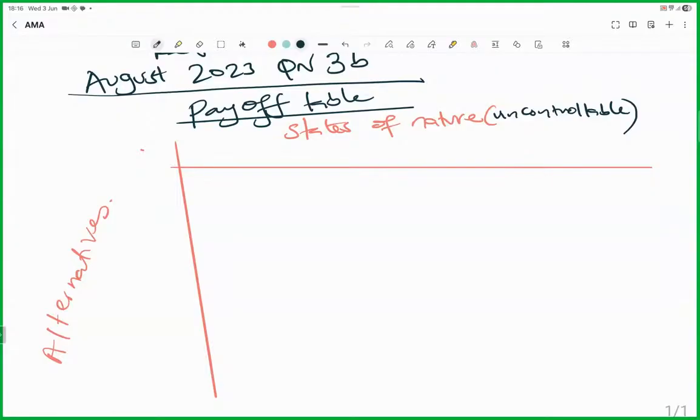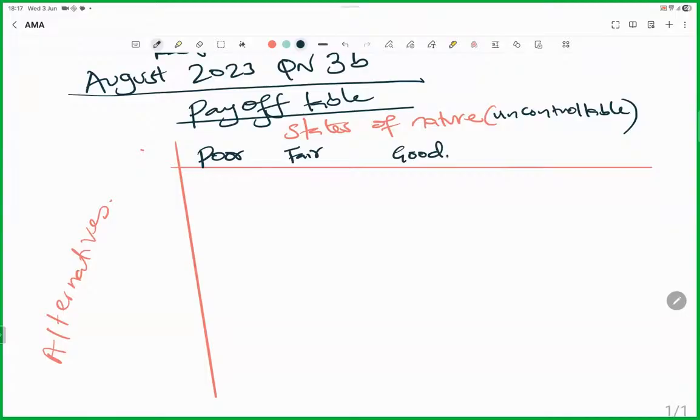But if it starts to rain, it's beyond our control, isn't it? So states of nature are beyond us. They are normally probabilistic. In this case there are 3 of them: poor, fair, and good.